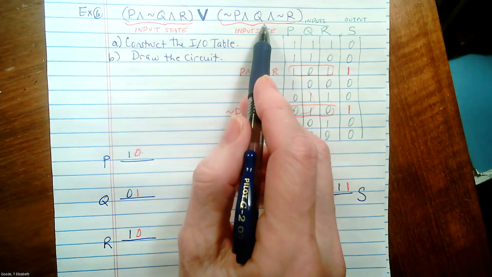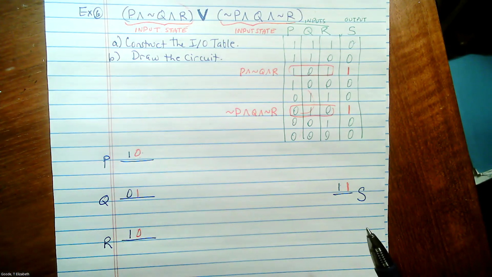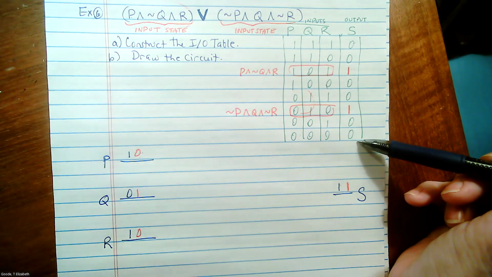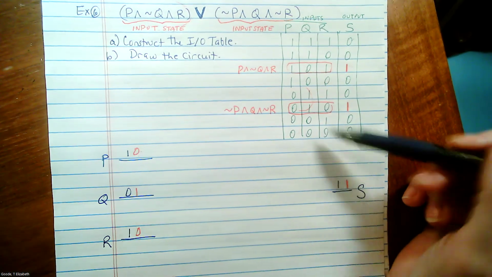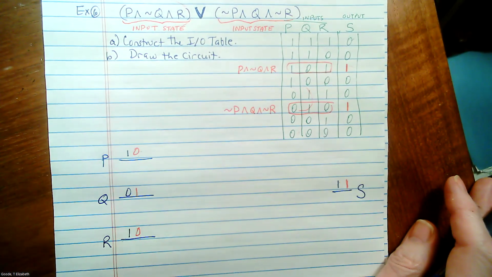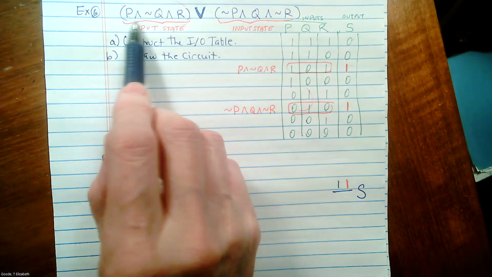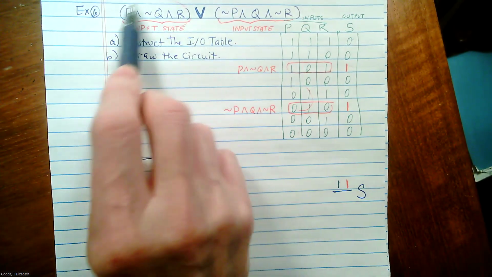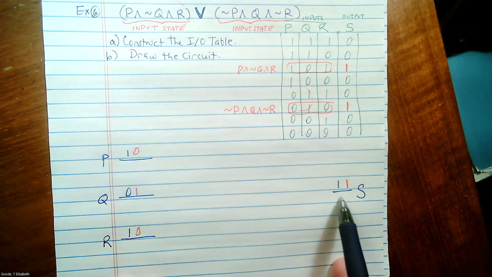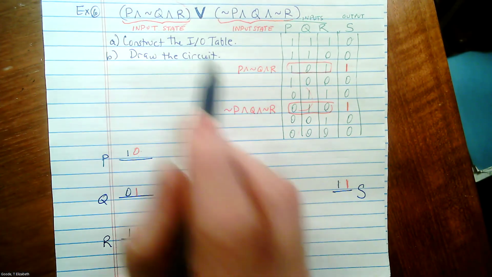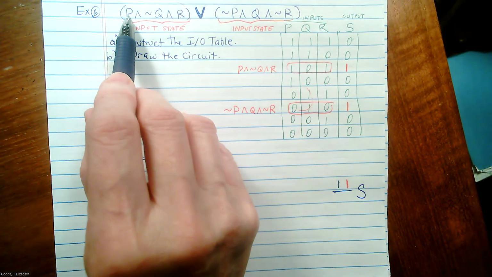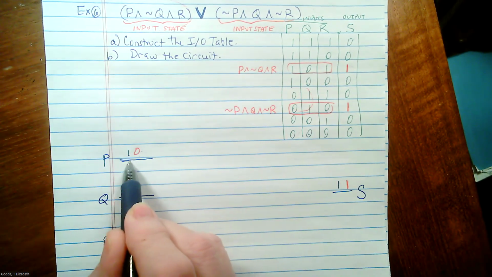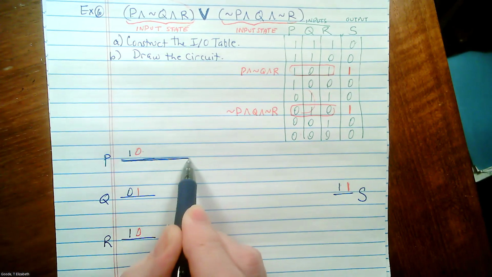Disjunctive normal form gives us this nice complete description and makes it really, really easy to build the IO table without running all the values through the circuit. All right, so now we're going to build this first input state that's going to yield a hot output. So we need a P. P is going to come in. It's hot.